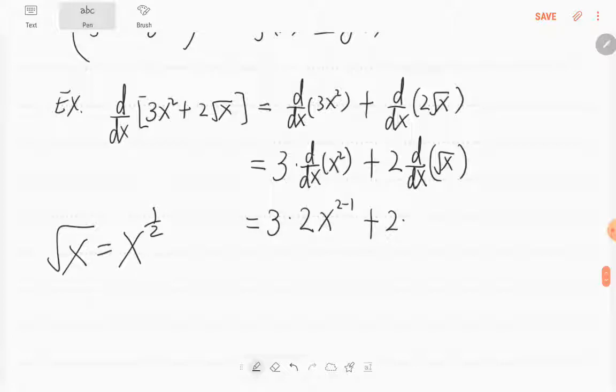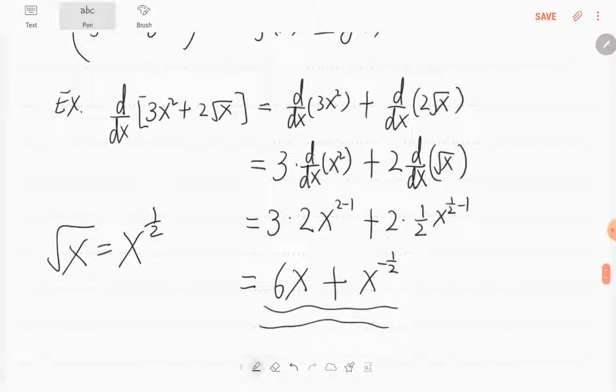Taking the derivative, we bring down 1/2 times x to the 1/2 minus 1. So this is 6x plus 2 times 1/2, which equals 1, times x to the negative 1/2. This is your answer.